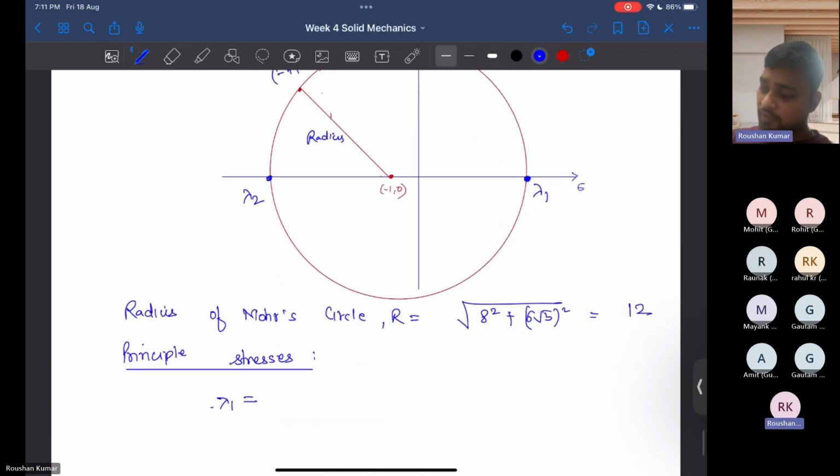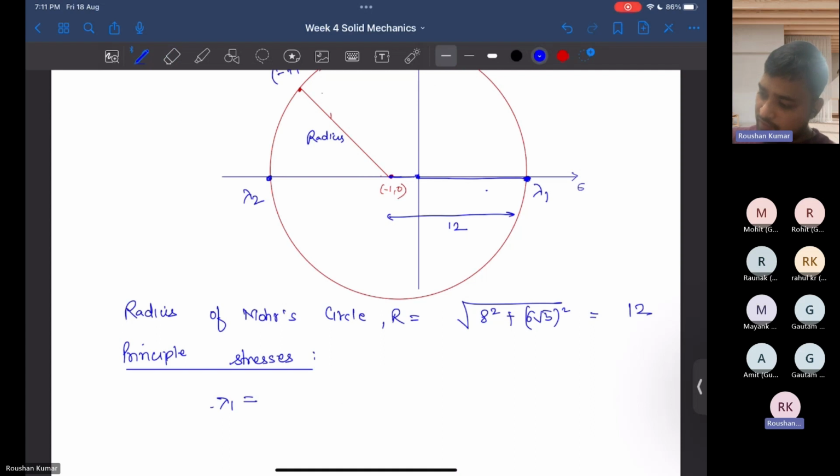Lambda 1 is given by this point. This is the value of 1 unit and this is the radius of the Mohr circle, which is 12 units. So from here this is the origin and this is complete 12 units.